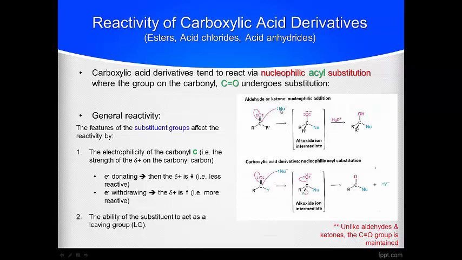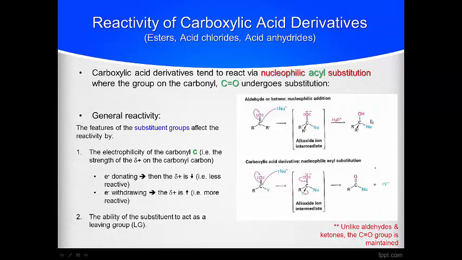So we had our nucleophile attack our carbonyl carbon, and then we had the bonding electrons kick up onto the oxygen to get our alkoxide ion intermediate, and then it was protonated in an acidic environment and we got the alcohol. So we lost our carbonyl in the formation with our nucleophilic addition.